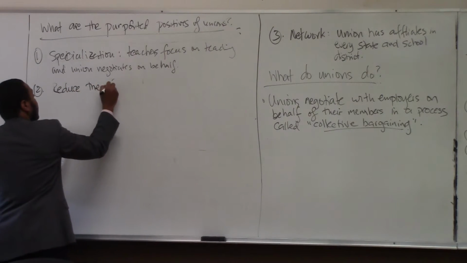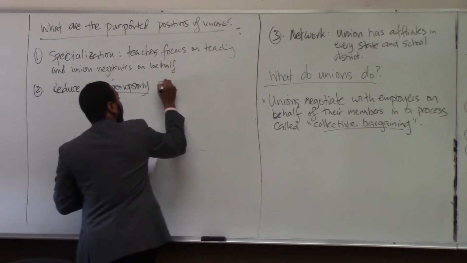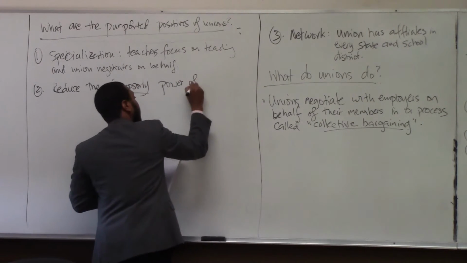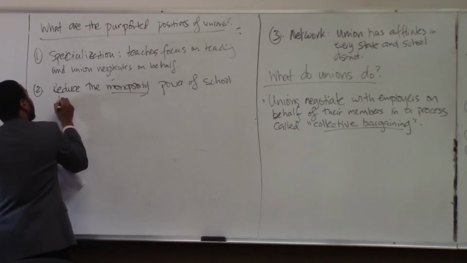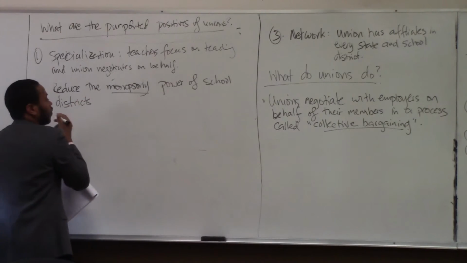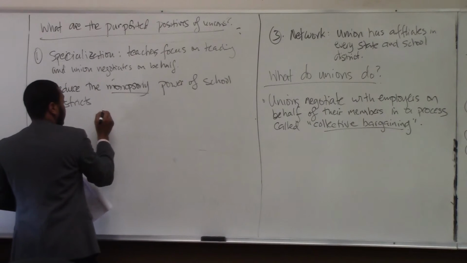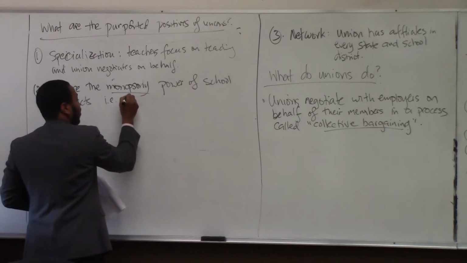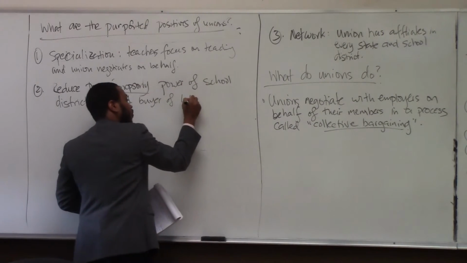Okay. So unions can reduce the monopsony power of school districts. Because as a monopsony, what can school districts do to wages? So what we mean is we just have one buyer of labor.